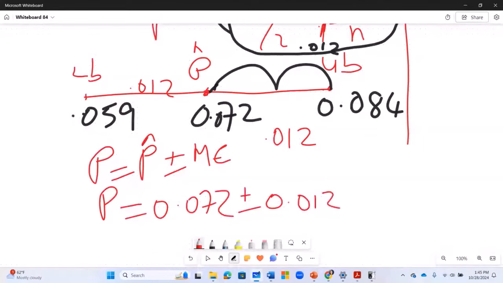So I can now say, therefore, I am 90% confident that the population proportion lies between the lower bound, 0.072 minus 0.012, and 0.072 plus the margin of error.